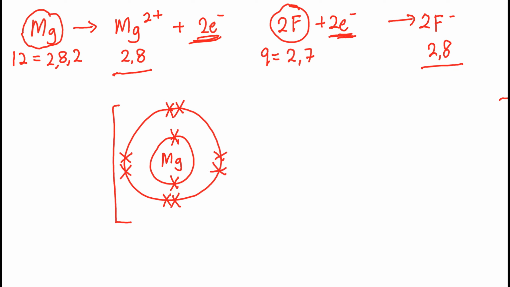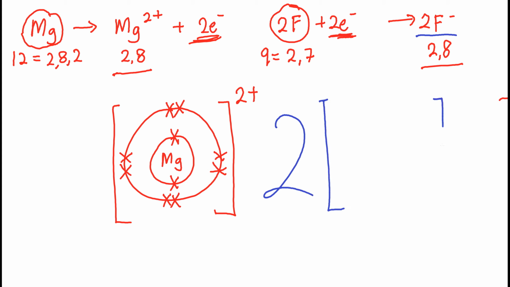And we draw the square bracket to symbolize that it is an ion, and we write down the correct charge. Now in the case of the fluorine or the fluoride ion, there are actually 2 ions, so we must put a capital 2 there to symbolize that there are 2 fluoride ions.